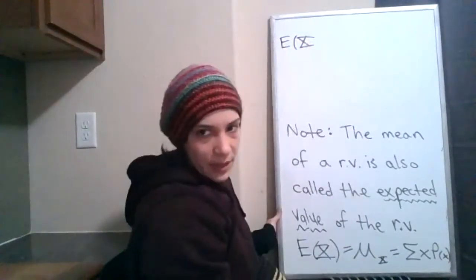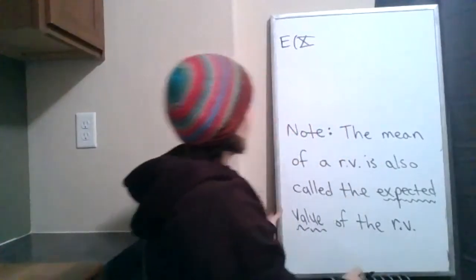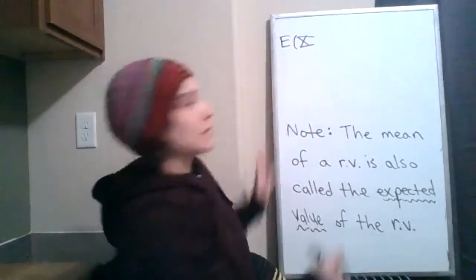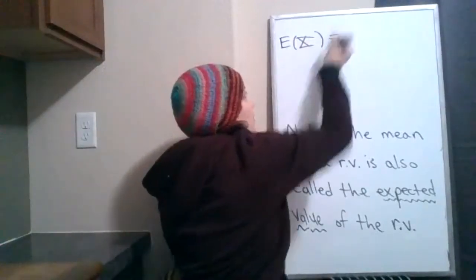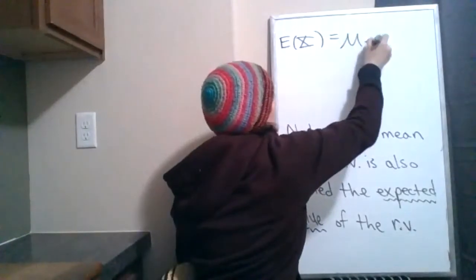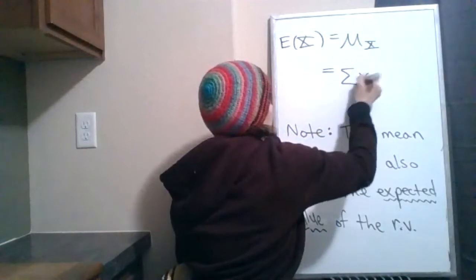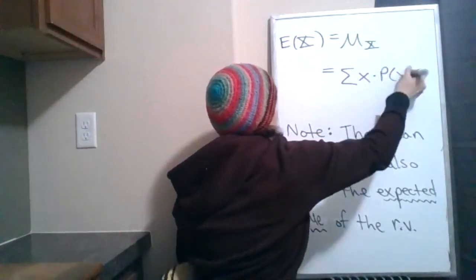So I just want to recopy, it looks messy. Expected value of x means the same thing as the mean of x. And this is the sum of x times p of x.